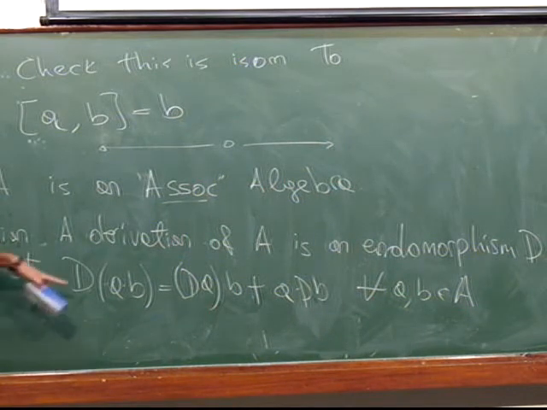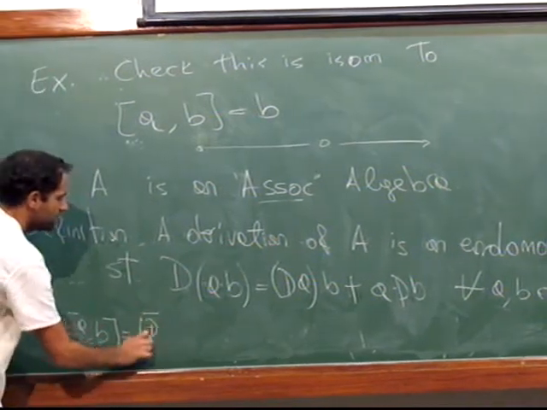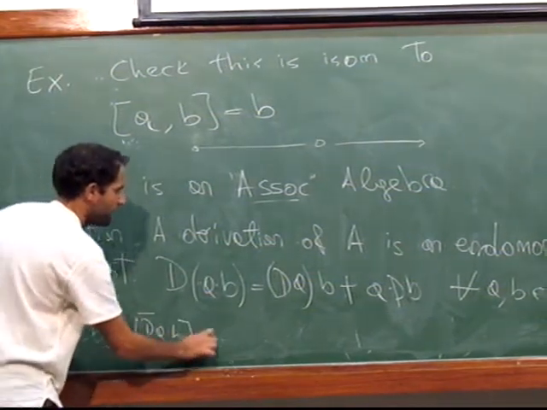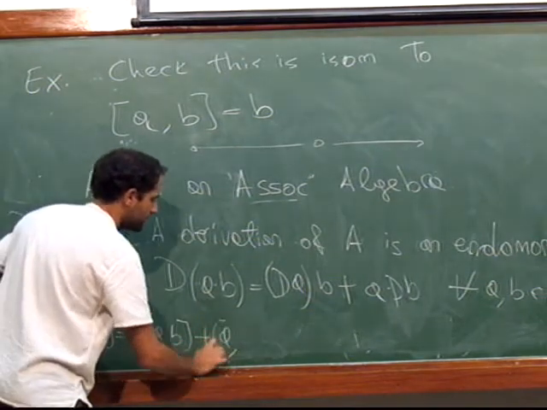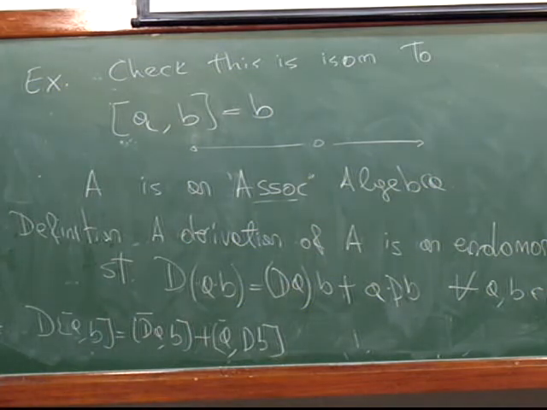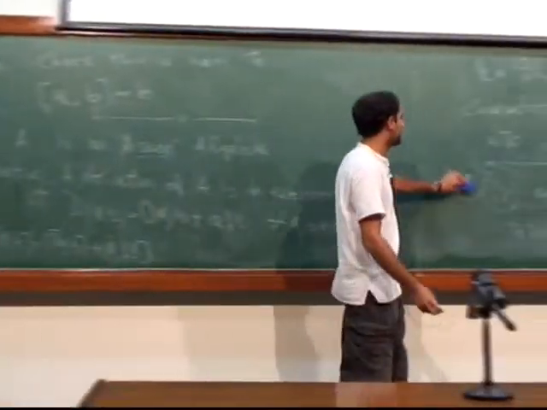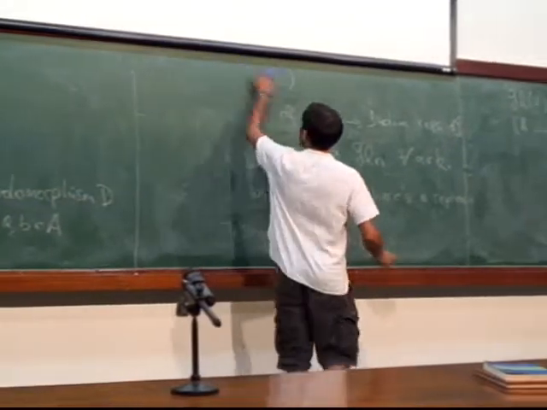The thing is that if A was a Lie algebra, then this definition would read as follows. It would read that D of the bracket of A with B is the bracket of DA with B plus the bracket of A with DB. So that's the derivation. In particular, we've seen examples of derivations of Lie algebras.